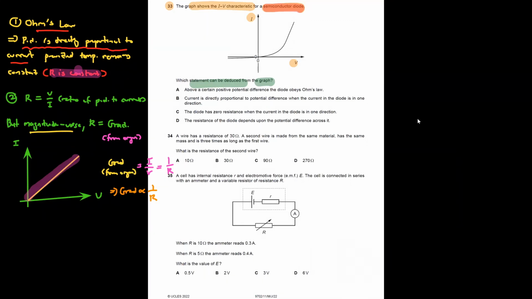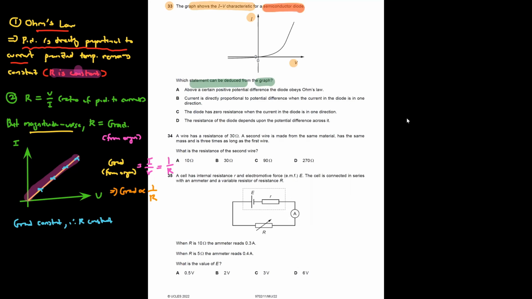I can just say that the gradient from origin is constant. Therefore, R is constant. No matter which point I pick, the gradient from the origin always remains the same. That's why I say the gradient is constant, therefore R is constant.